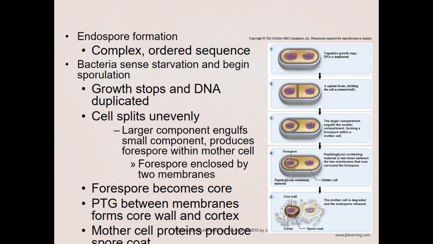And so you'll have this nice thick endospore-surrounded structure that is not a newly replicated cell. It's the same cell that was there, but it just went into a dormant kind of hibernation.